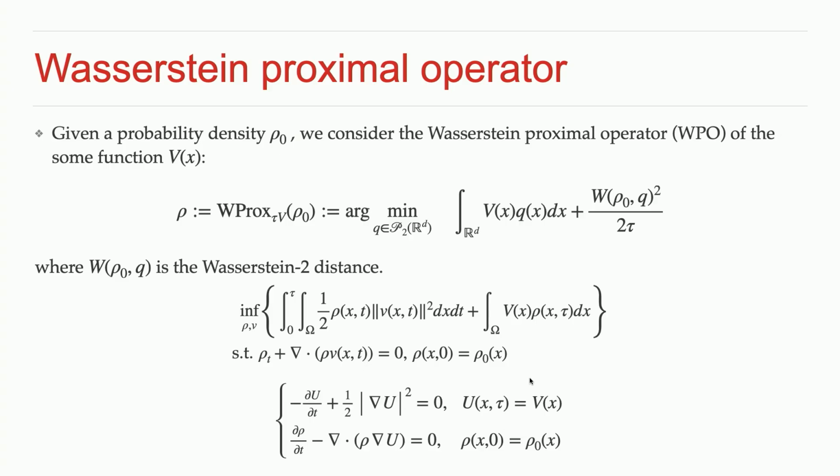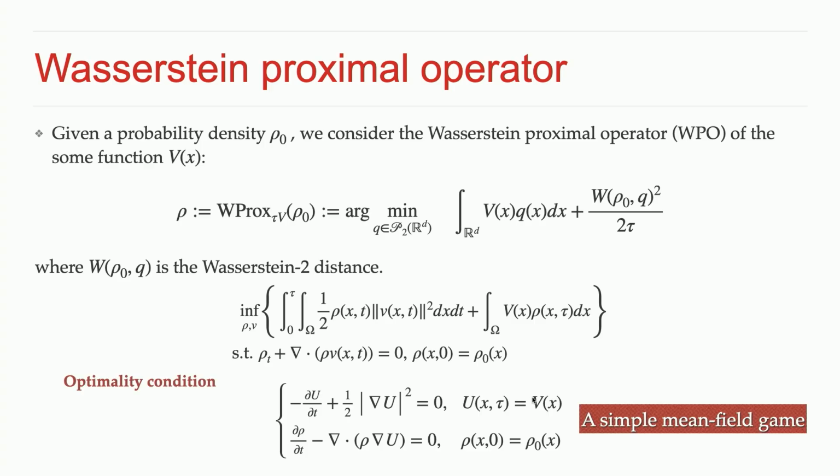And then we still have the Fokker-Planck equation, where the transport term is given by this velocity field from the control, the gradient of U. The special thing about this coupled system is that it is a forward-backward PDE system. The U equation runs backward in time, and the rho Fokker-Planck equation runs forward in time. And this is actually like a typical mean field games problem that we have seen in previous talks. I think Ron just talked about it this morning.